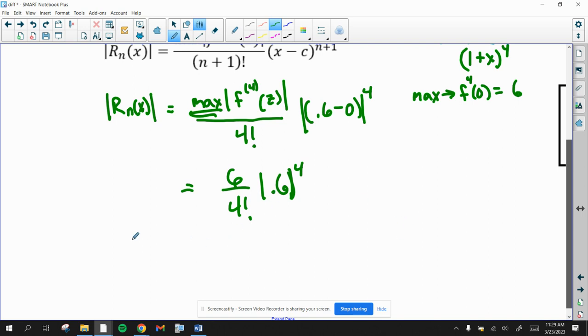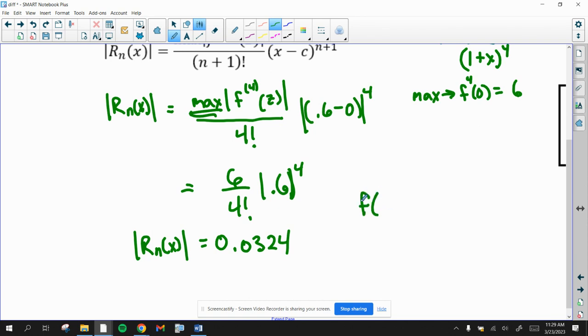I'm getting the Lagrange error bound, or the maximum our approximation could be off, is 0.0324.